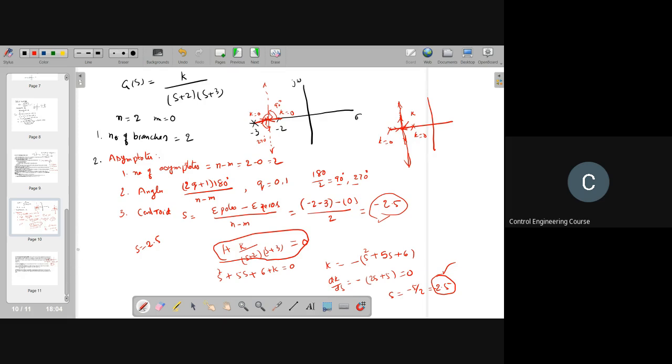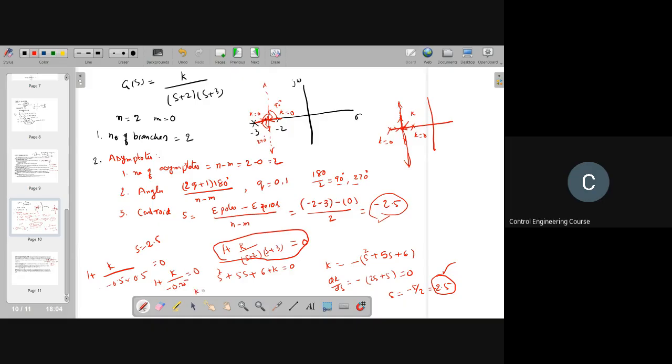Let me show that one. 1 plus k by minus 2.5 plus 2, which means minus 0.5, and the other one is plus 0.5, equal to 0. That means this is 1 plus k by minus 0.25 equal to 0.